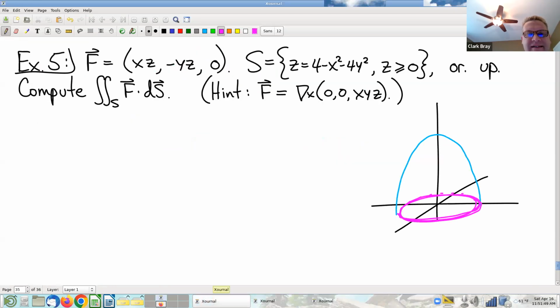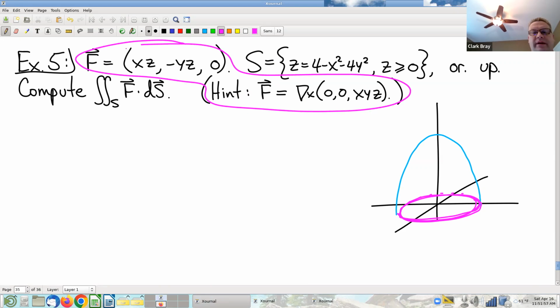In this case, it is explicitly given right here in the statement of the question that our vector field F, this thing whose flux we want to compute, we are explicitly told is the curl of an explicitly given field.